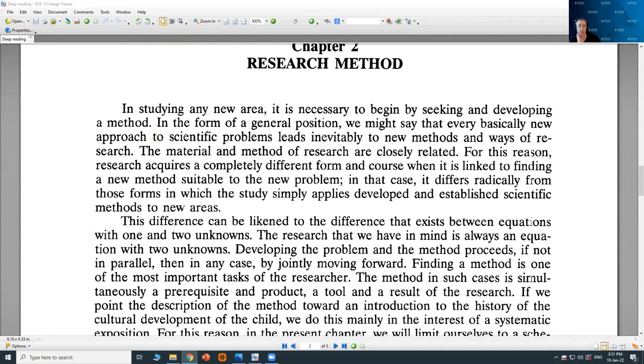It's still very interesting opinion. Yeah. Okay. Sorry, I use the code for my methodology chapter from Vygotsky.